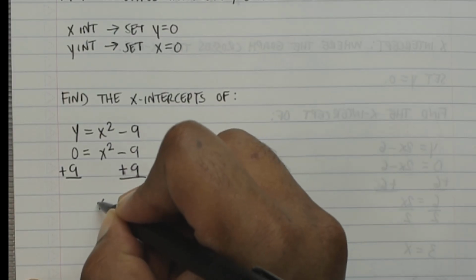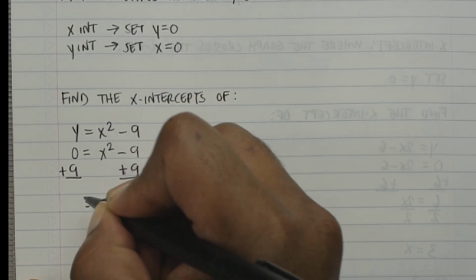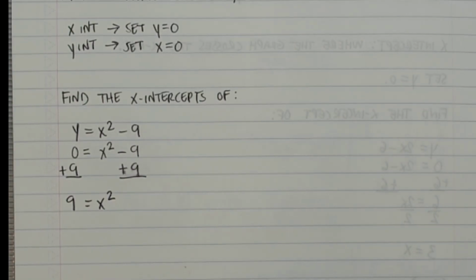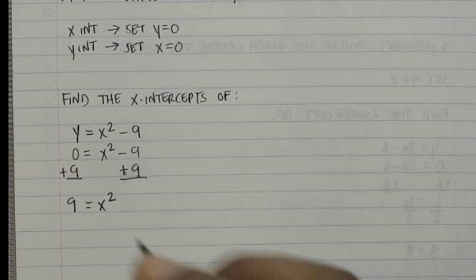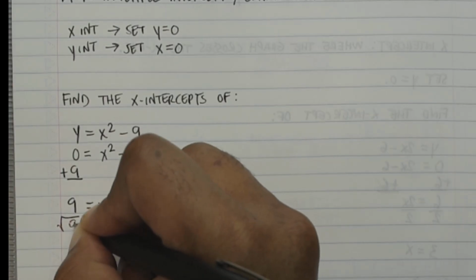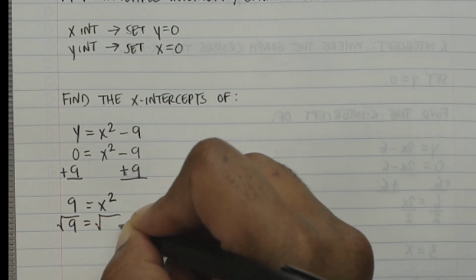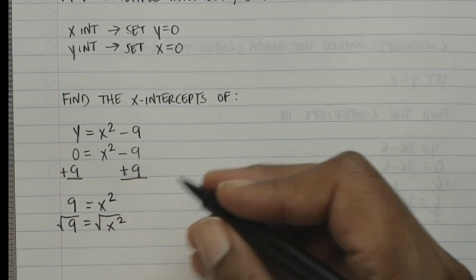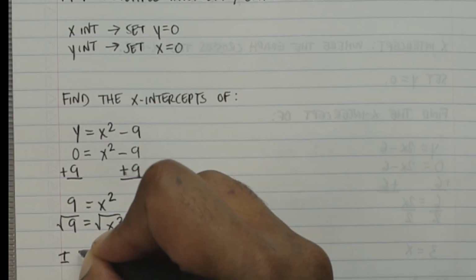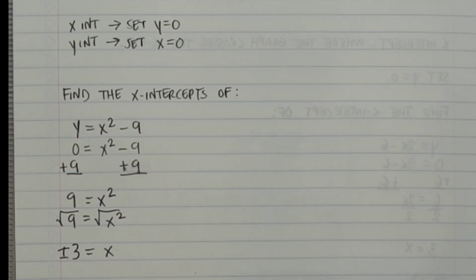We're left with x squared over here, 9 over there. After adding 9 to both sides, we have to take the square root of both sides. In taking the square root of 9 and the square root of x squared, we're left with x equals plus or minus 3.